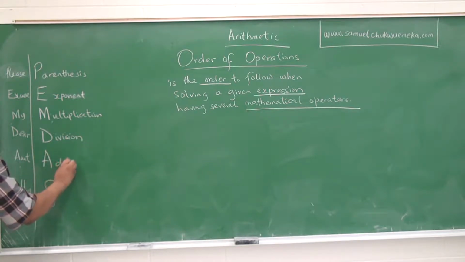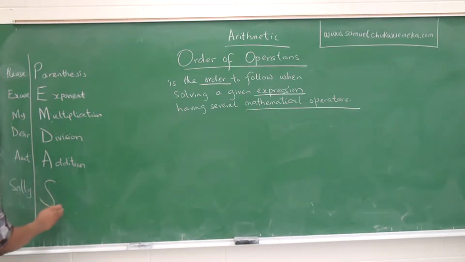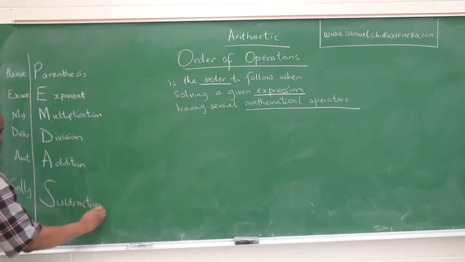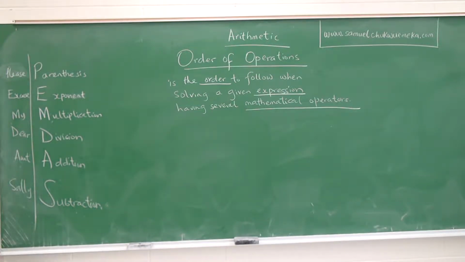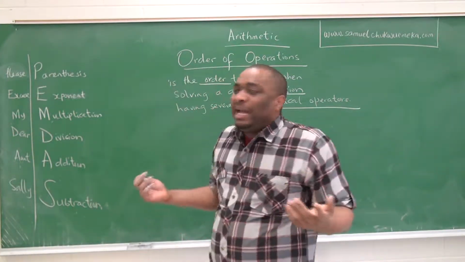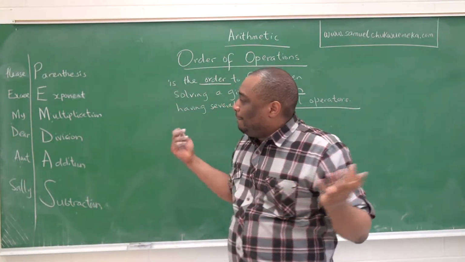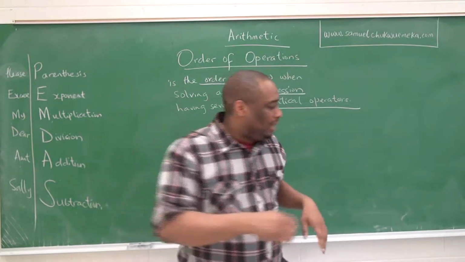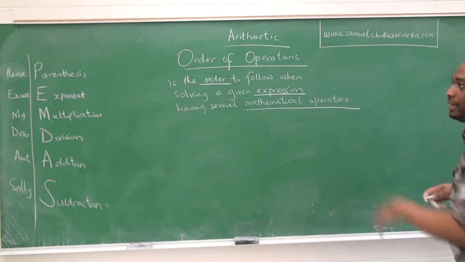A stands for addition. And S stands for subtraction. Now, this is the order of operations to follow. Americans say PEMDAS. Some people say PEMDAS, some people say PEMDAS. I'm going to talk about it in a minute.